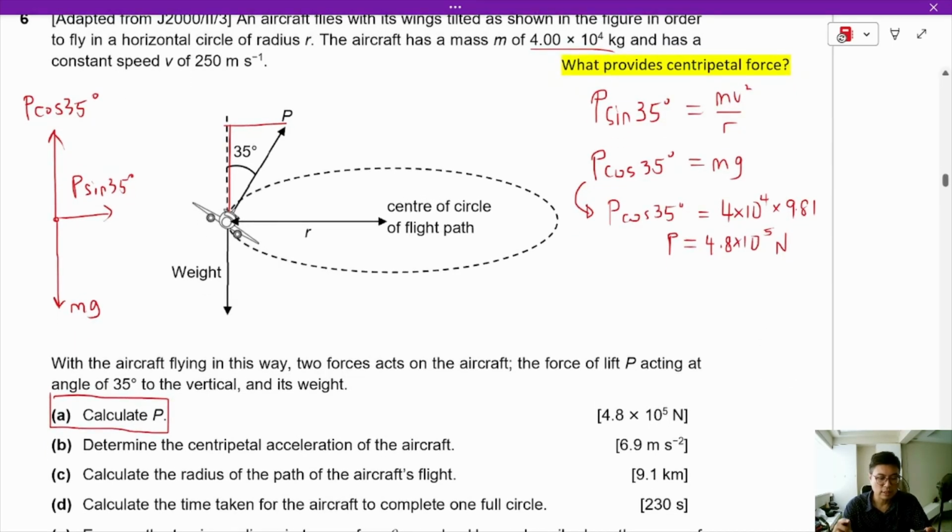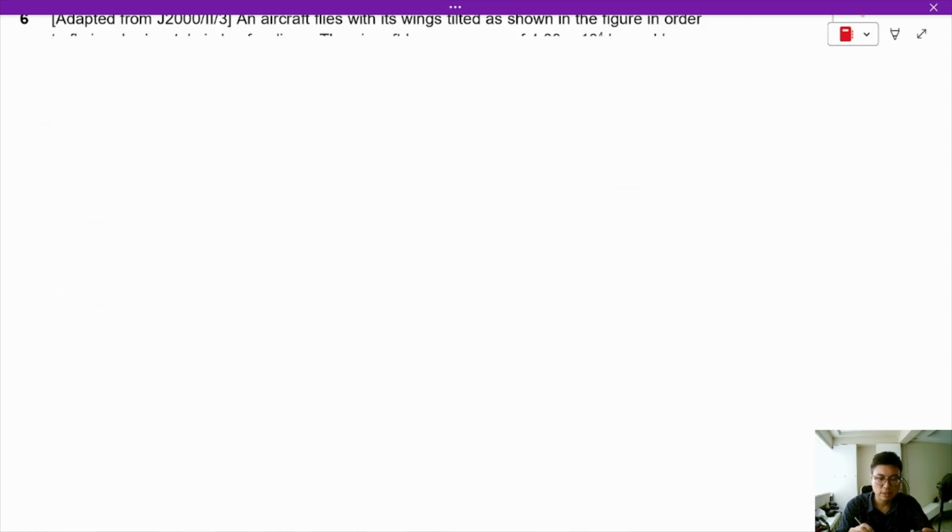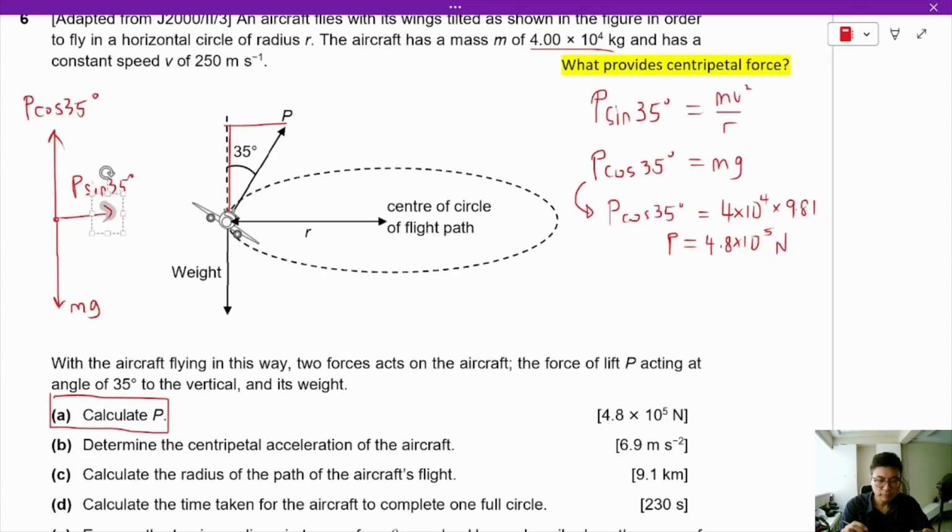So calculate the centripetal acceleration of the aircraft. This one is a little bit more challenging, but let's take a look at centripetal acceleration. Now you notice that the centripetal acceleration is v squared over r over here.